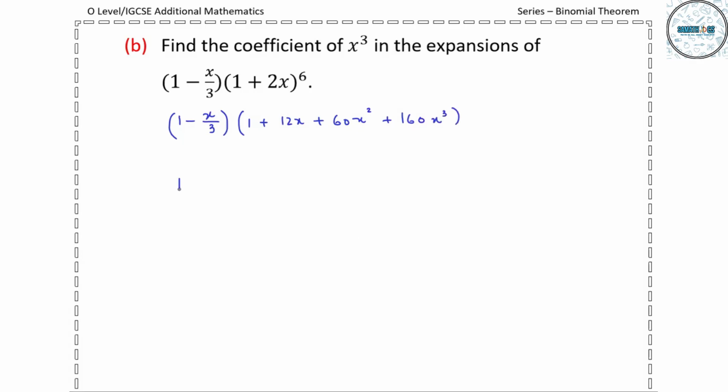Now we have to multiply 1 and minus x divided by 3 by the terms which will give the result in x cube.